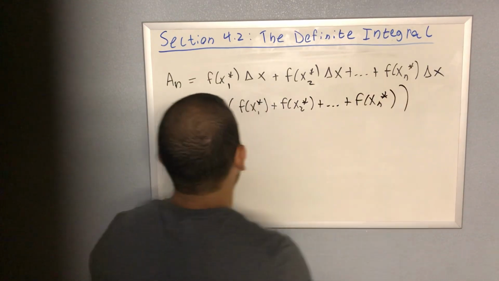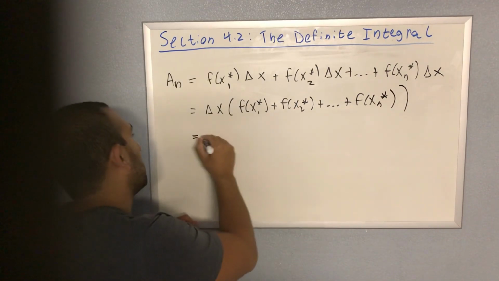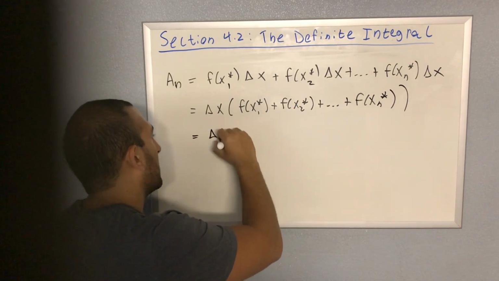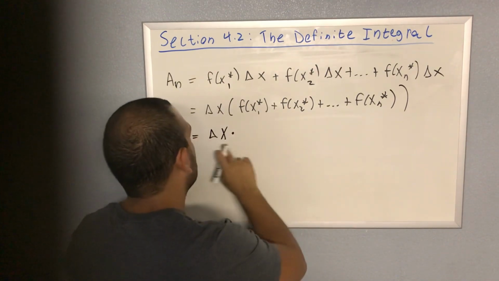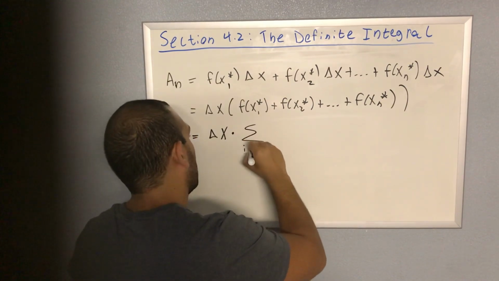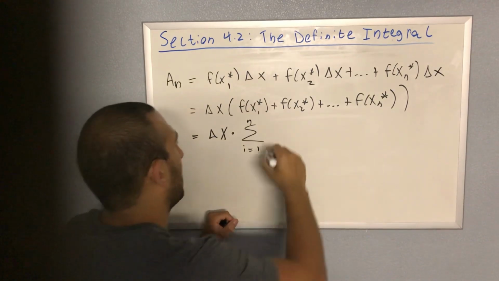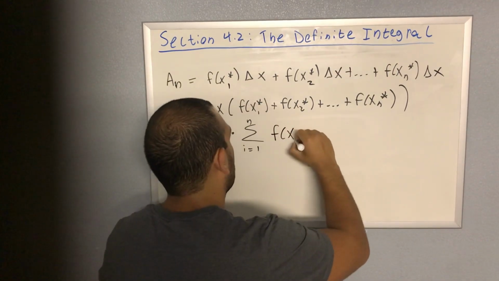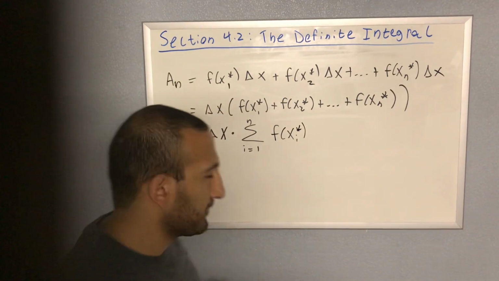And then if we used our fancy sigma notation, we can write this even more compactly: this whole sum is this number delta x times this sum from i equals 1 to n of this guy. Okay, so this was the area.